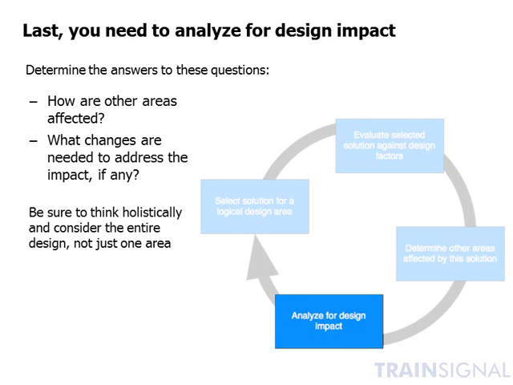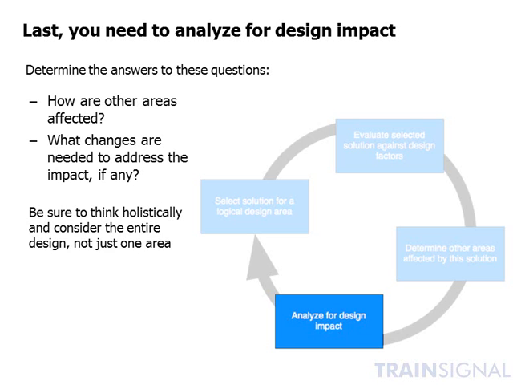Well, then I might determine, the scope of this particular impact, the number of different areas that are affected, and the significance in the way that these areas are affected, and then the significance of the way those changes affect other areas, creating this ripple effect, is so great that this isn't the right solution for me. That's the point and the purpose behind analyzing for design impact, is understanding and being part of the process of determining which solution is the best solution.